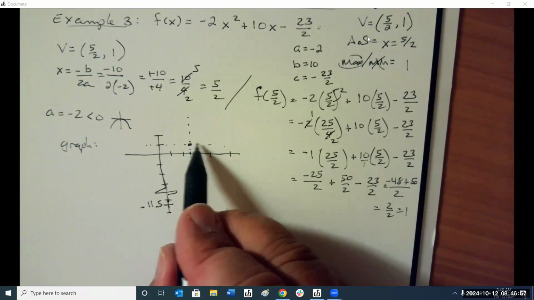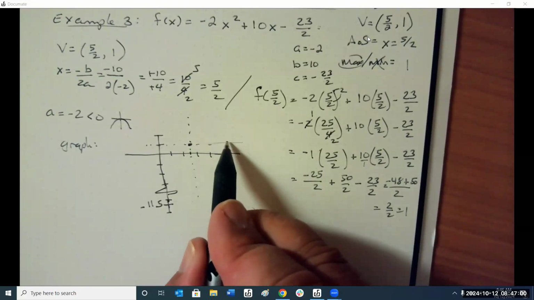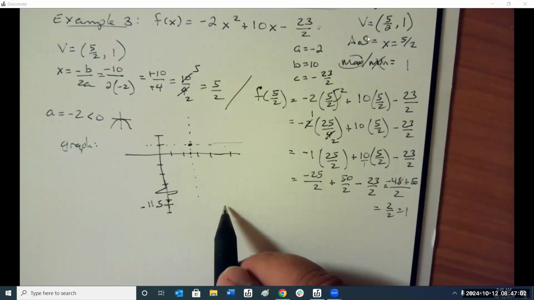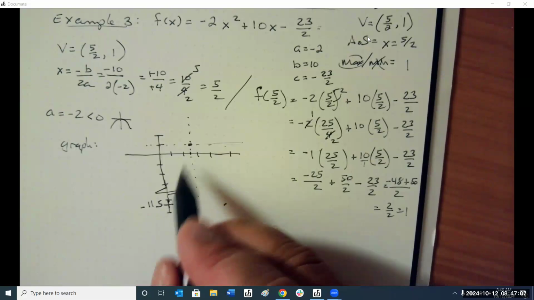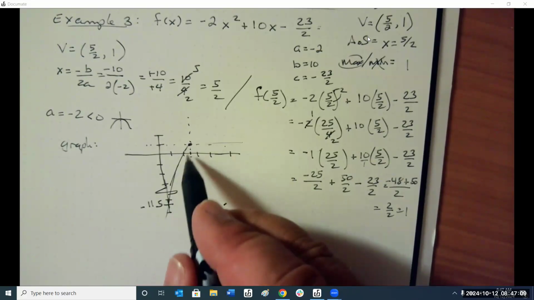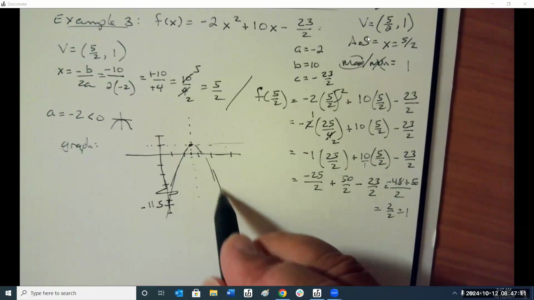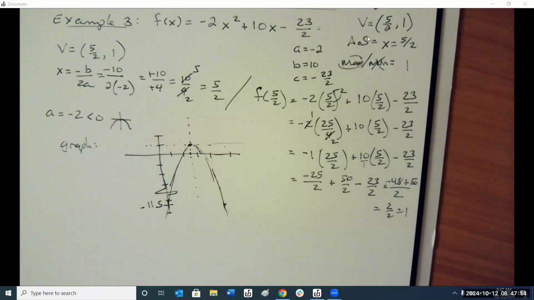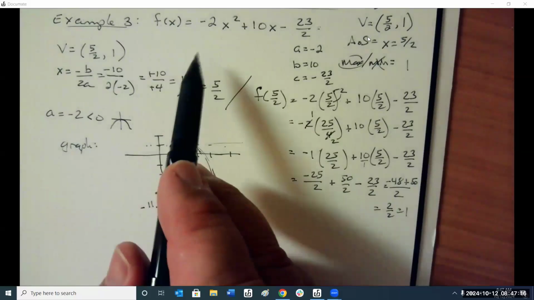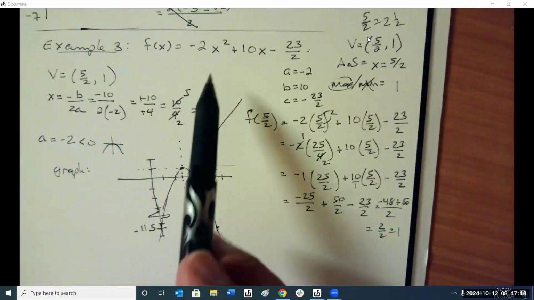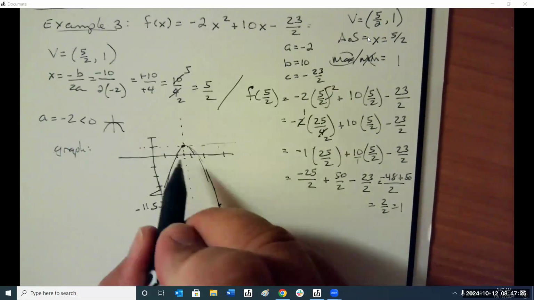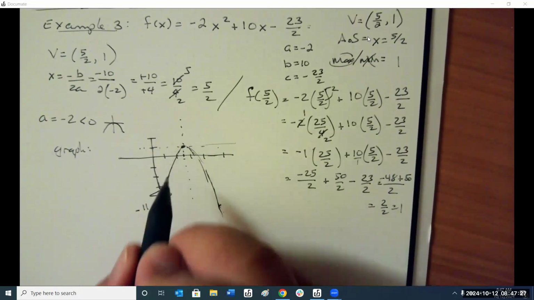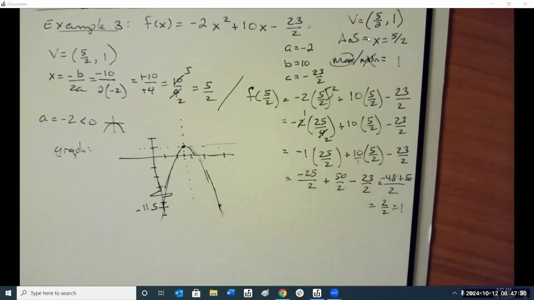If we go 1 over 2 this way and down 11.5, we have our graph. Since the absolute value of a is 2, it's going to be a little bit more narrow than the original function. The only thing we have to do is figure out what the x-intercepts are to make it look nice.